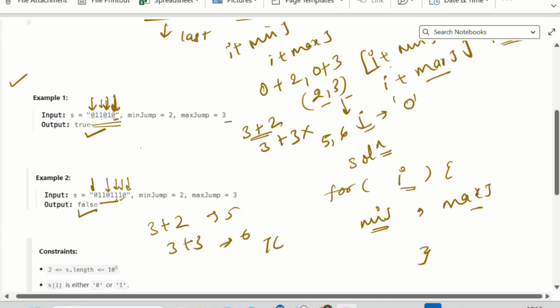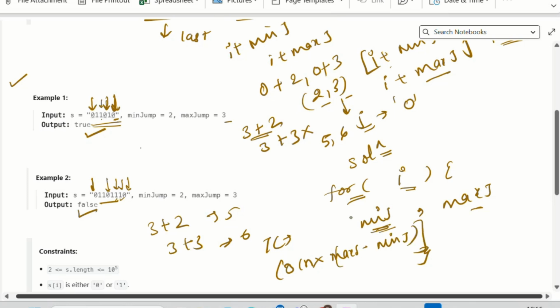So how much time complexity will it take? This for loop will take big O of n, and the time complexity for the minJump to maxJump range will be maxJump minus minJump.